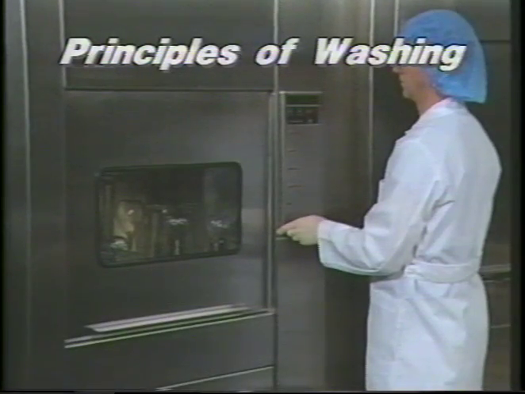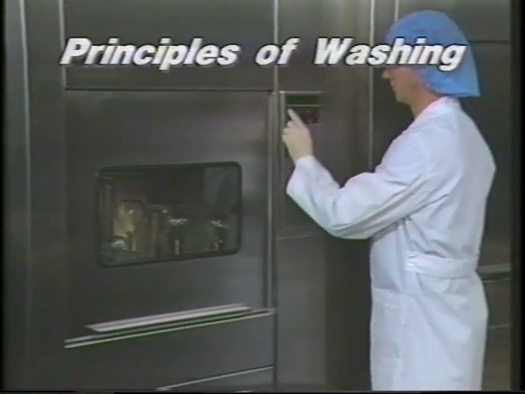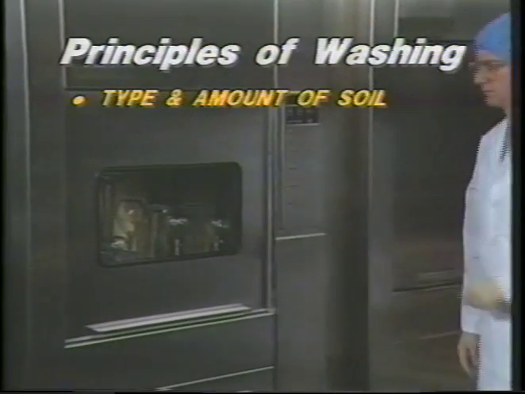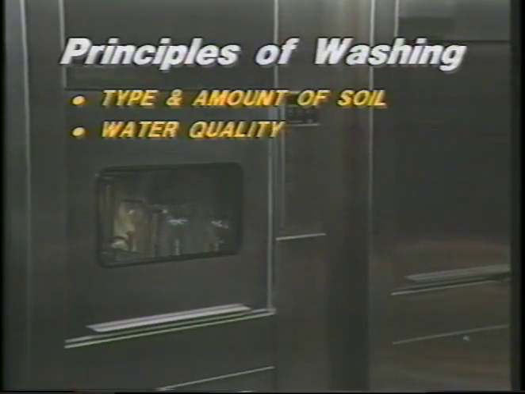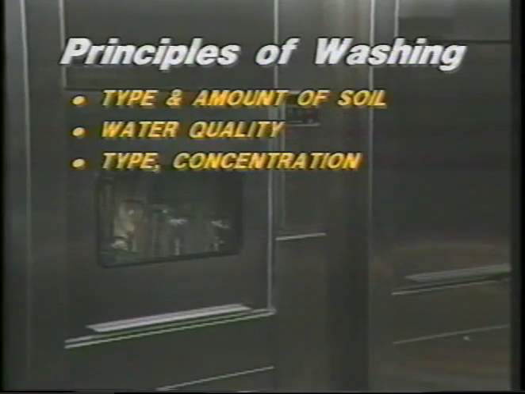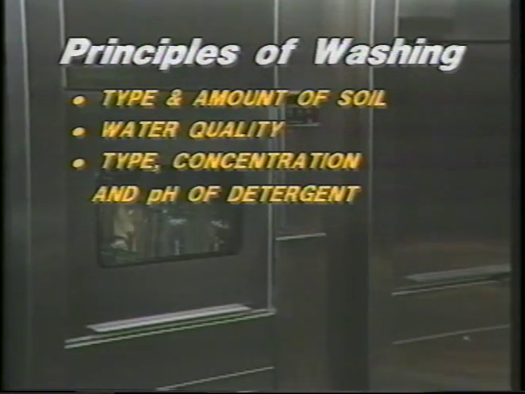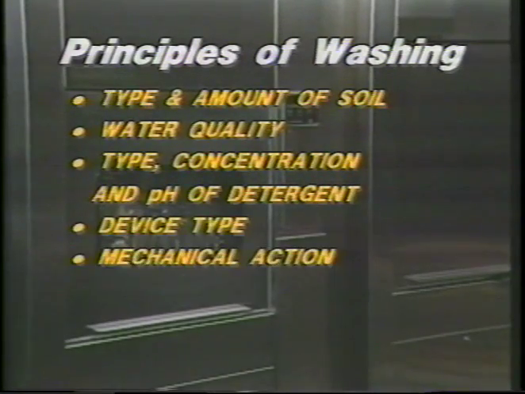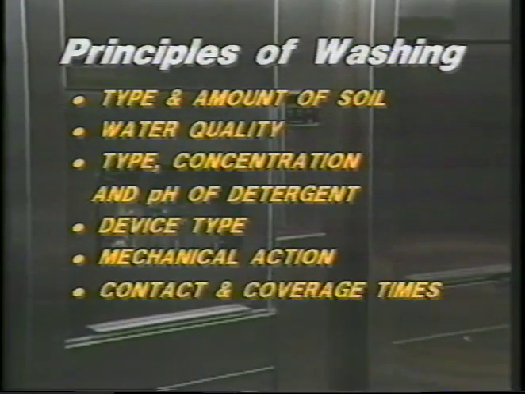Knowing about these components and how to use them appropriately and properly will enable you to clean more efficiently and effectively. The principles of washing include a working knowledge of the type and amount of soil involved, the quality of the water being used, the type, concentration, and pH of detergents that will be applied, the device being cleaned, the type of mechanical action to be used, and the contact and coverage times.